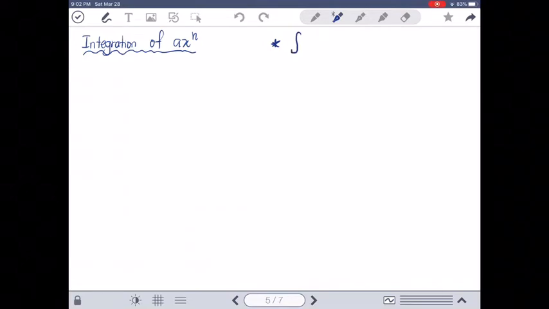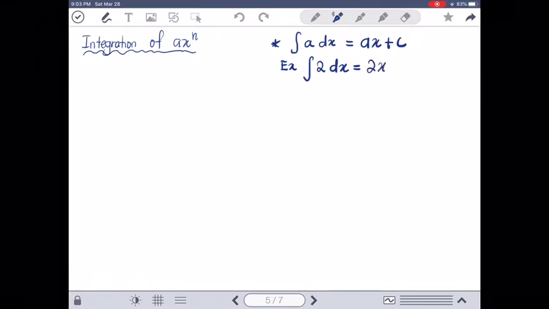Integration of a constant a will result in ax plus c. For example, if we integrate a constant 2, the result should be 2x plus c.